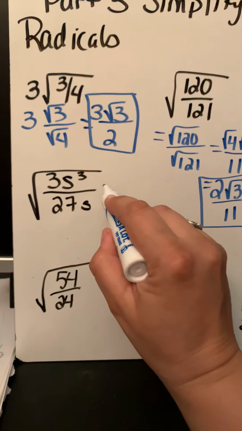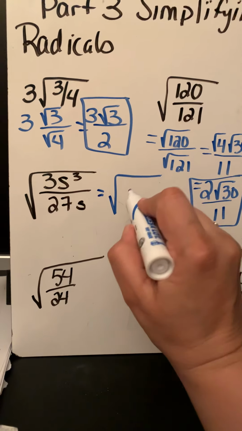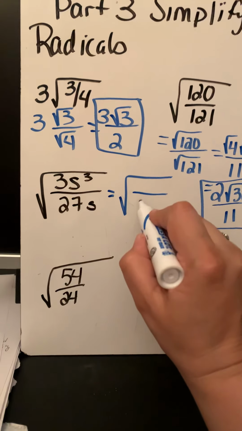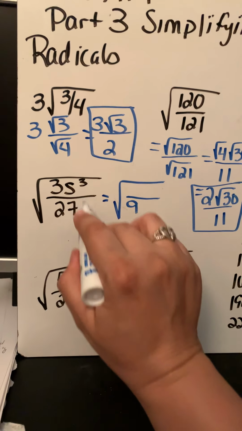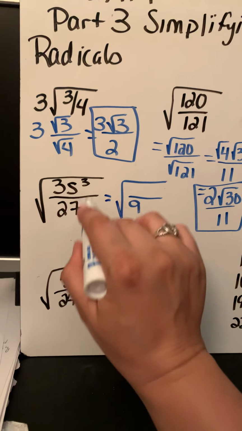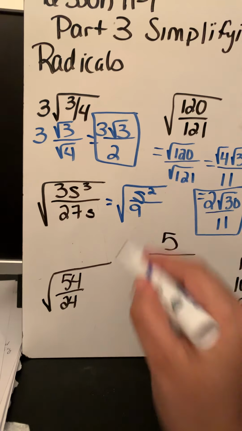So now I look at this one here. I can reduce this. 3 goes into 27 9 times. Remember, when bases are the same and you're dividing, subtract those exponents. So what's 3 minus 1? 2. s squared.